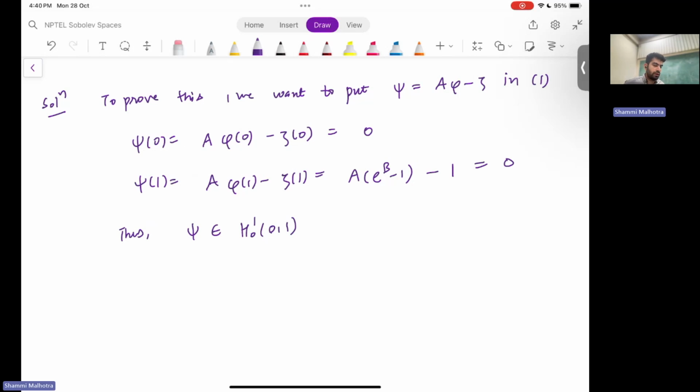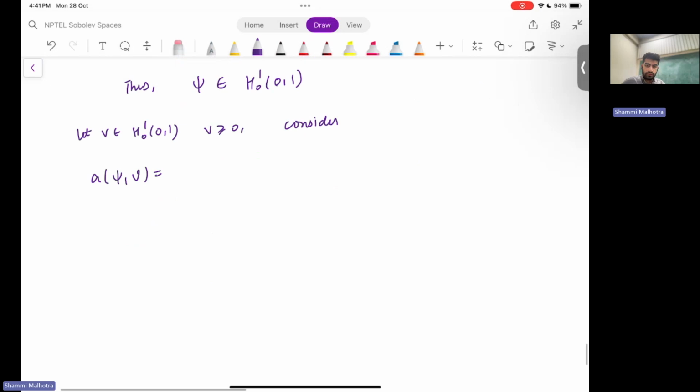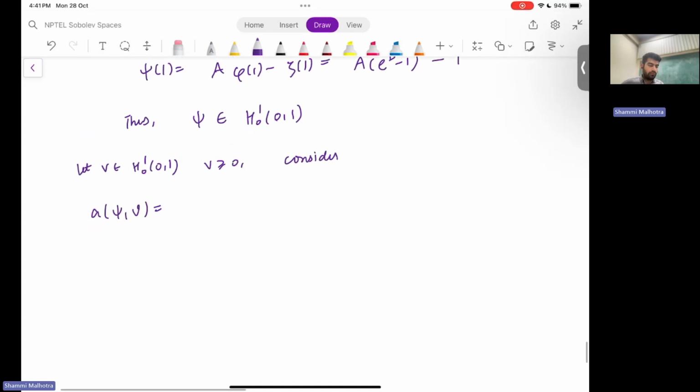The only thing we have to prove, if we want to apply part 1, is this: let v in H naught 1 be non-negative, and consider a(psi, v). If we just prove that a(psi, v) is less than or equal to 0, I can apply part 1 to deduce that psi is less than or equal to 0, and that will imply our assertion.